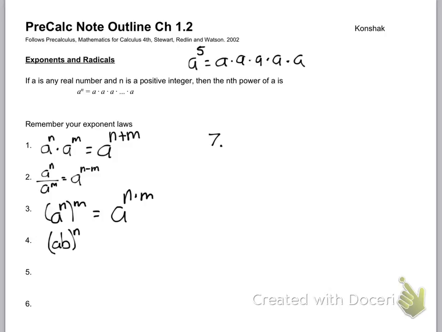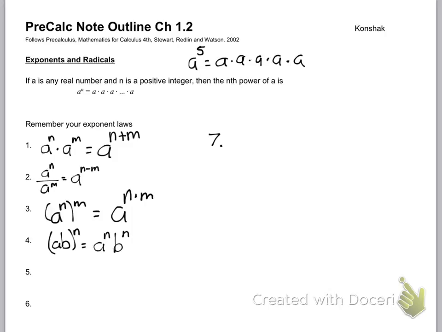Guys, this acts like we're distributing the exponent because the n has to become a power on a and b, but you're really not distributing. It's not how it's officially done. But it looks like we're doing that. And so you end up with the result of a to the n, b to the n. Again, that's power of a product.